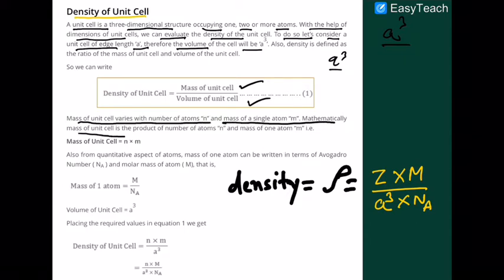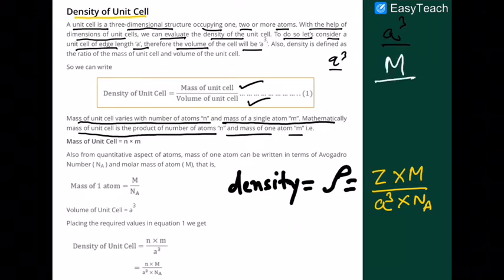Mathematically, mass of unit cell is a product of Z and m, where, let us suppose, molar mass of the compound is M. So mass of a single atom will be what? Molar mass divided by 6.022 into 10 power 23. So that is the Avogadro number. So this is the mass of one atom.